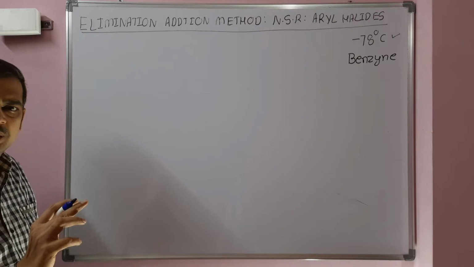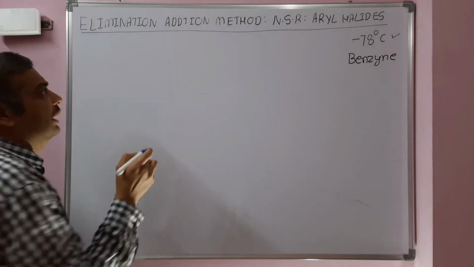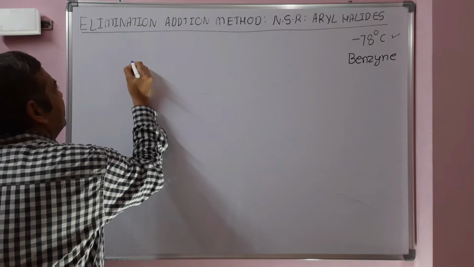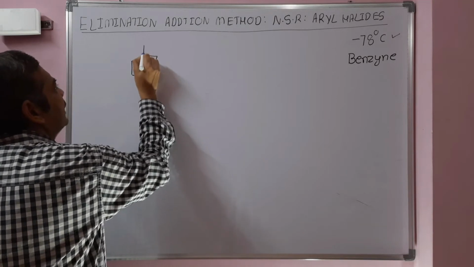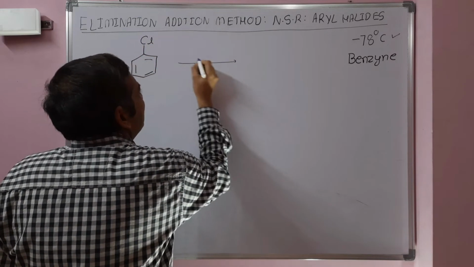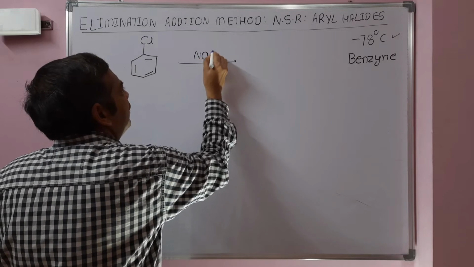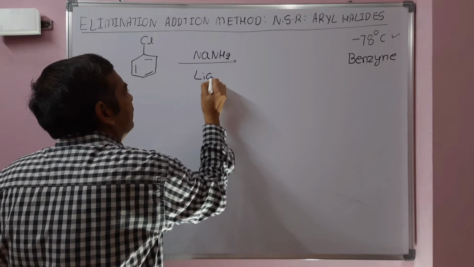It's a nucleophilic substitution reaction. The reagent is sodamide and liquid ammonia. Let's start with the example, the elimination-addition method: chlorobenzene, the reagent is sodamide in liquid ammonia.